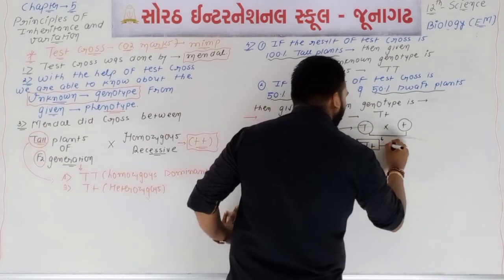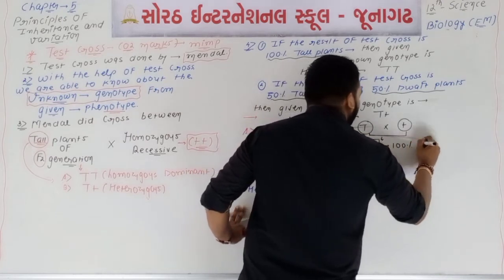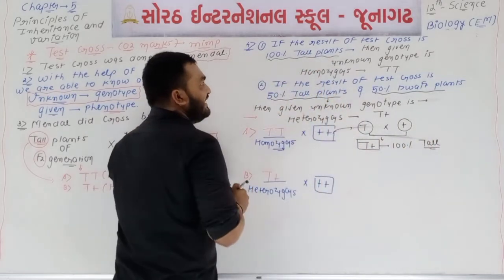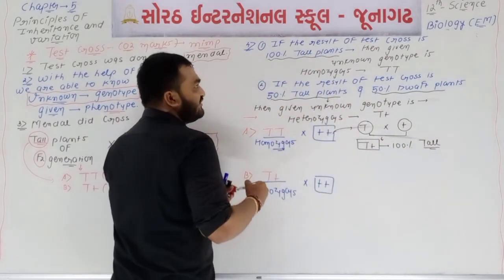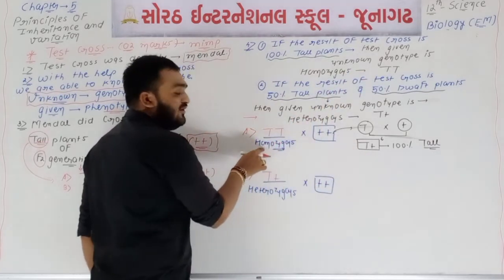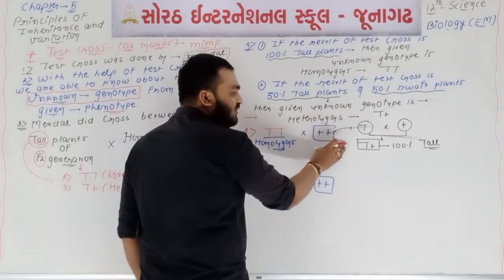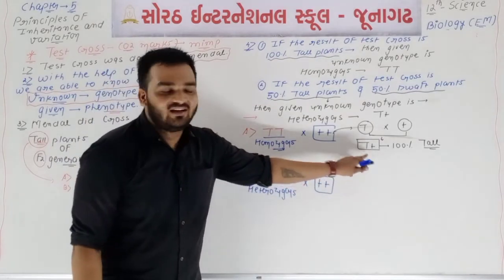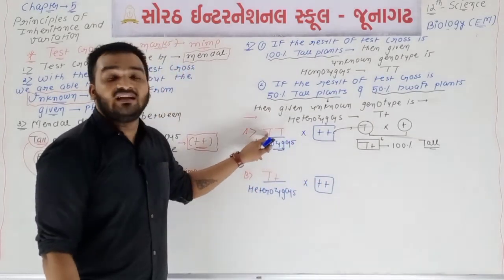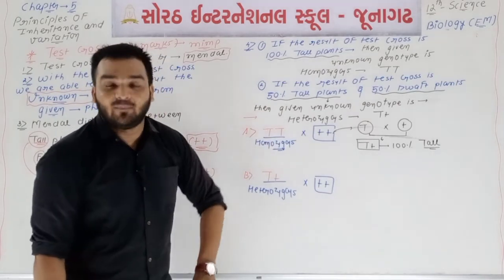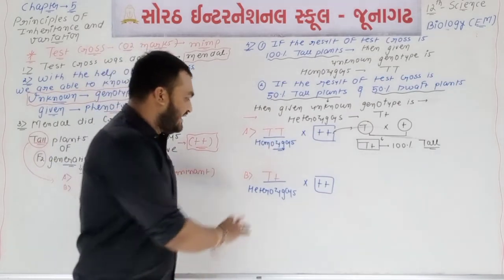So we can say that 100% tall plants are there. Yes or no? So see option number 1, if the result of test cross is 100% tall plants, then the genotype will be homozygous. If you are getting this type of result, then the genotype of this plant must be capital T capital T. Now what about this?